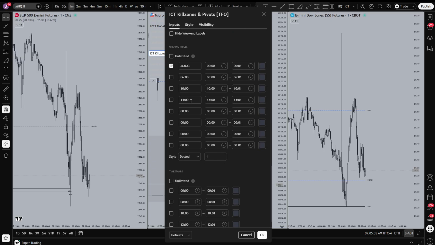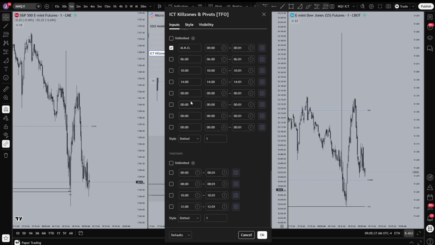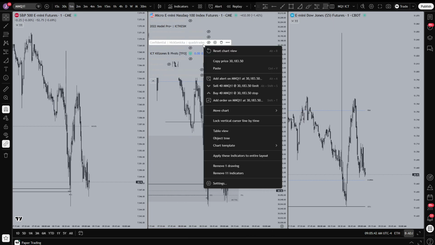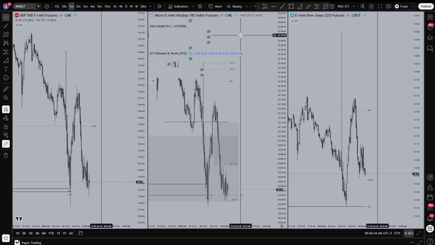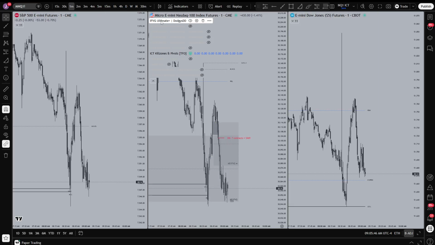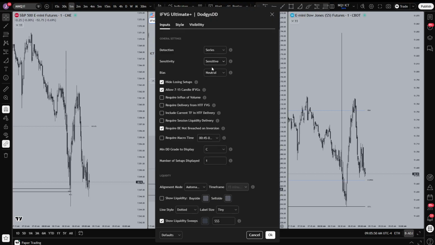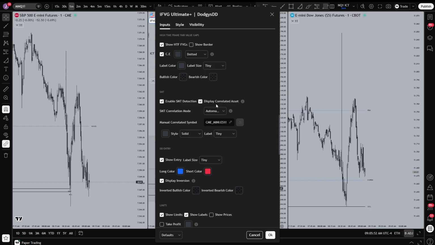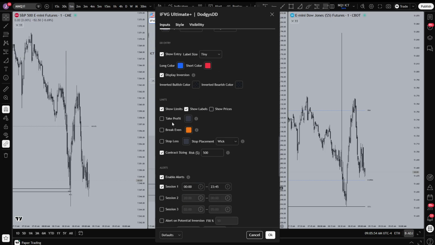Which one shows the volume, DOT, and the contract size? With the checklist table? Yeah, that's the IFEG indicator. If we turn this off, it's this one right here, IFEG Ultimate Plus by Dodgy DD. It has the contract sizing right here. It has take profit, break even, stop loss.